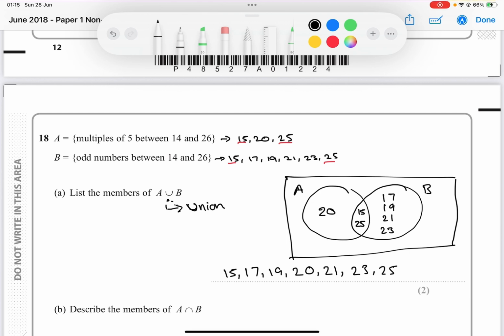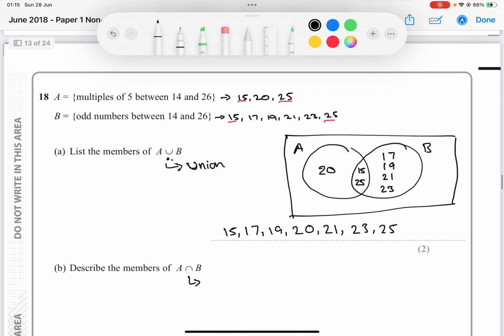So because we said union, that means all of A and all of B. So all of A and all of B would be all of this. That's why we have all of these numbers over here. All right. Now part B says describe the members A intersect B. Okay, so A intersect B. So I'm just going to draw the intersection.